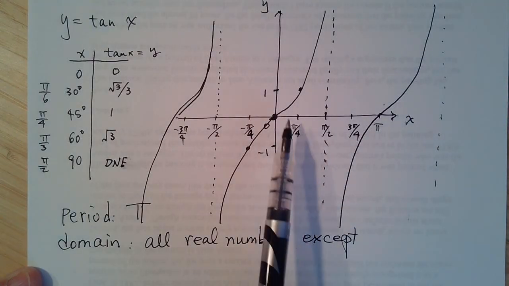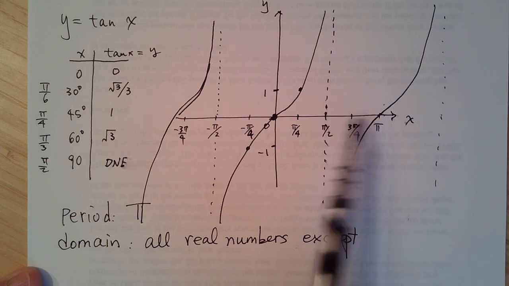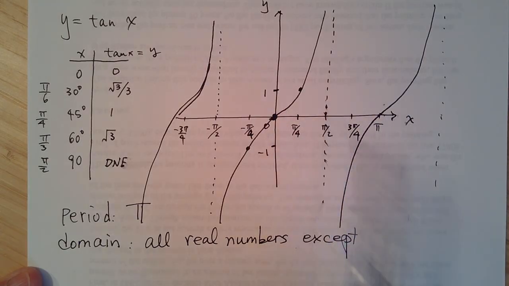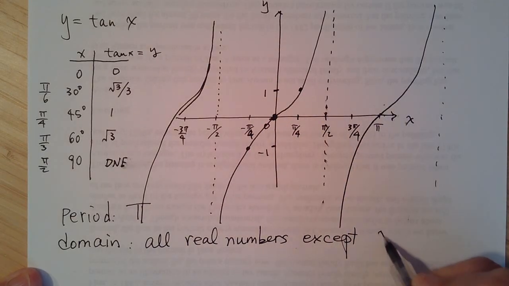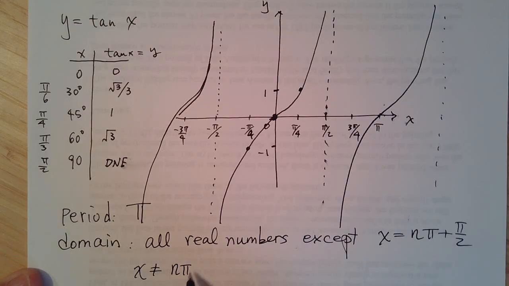So how do we express that? It's going to be whatever the multiple of pi plus pi over 2. So except x equals n pi plus pi over 2. Or you can simply say x cannot be n pi plus pi over 2. n can be any integer, so 0, positive 1, positive 2, negative 1, negative 2, and so on.